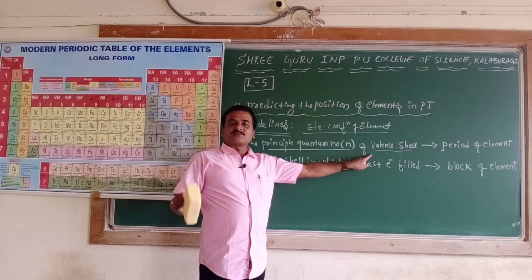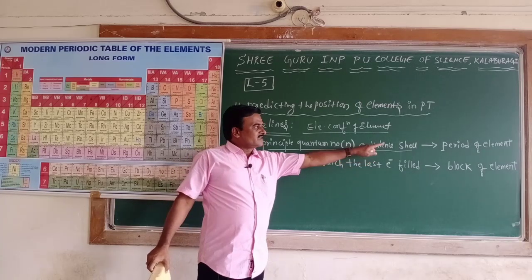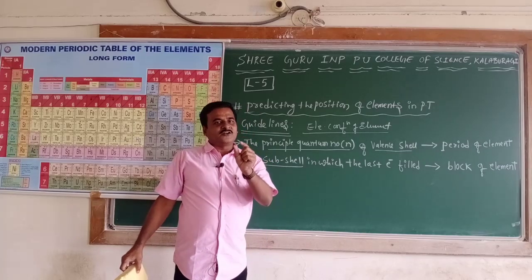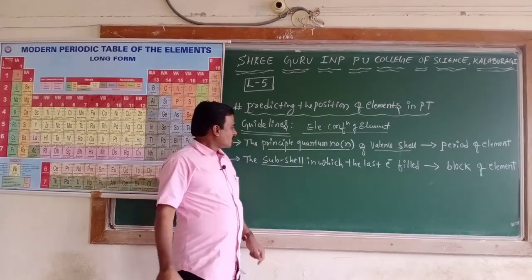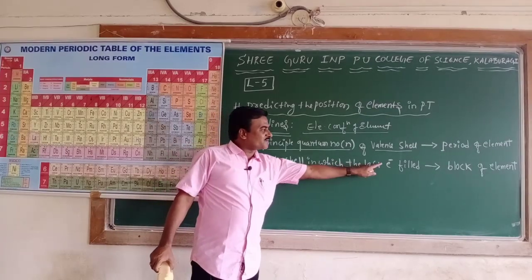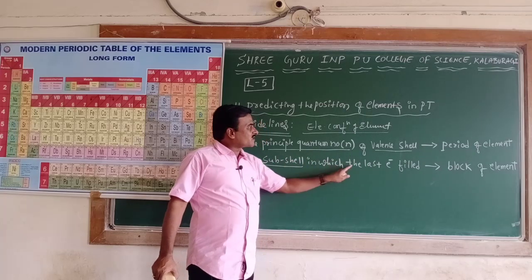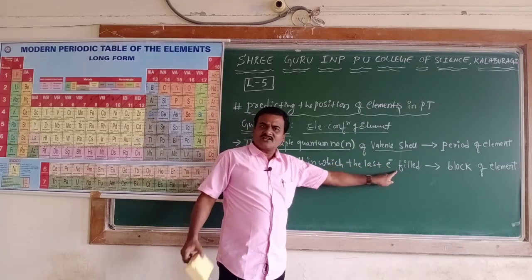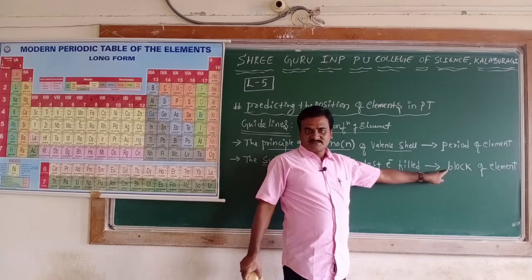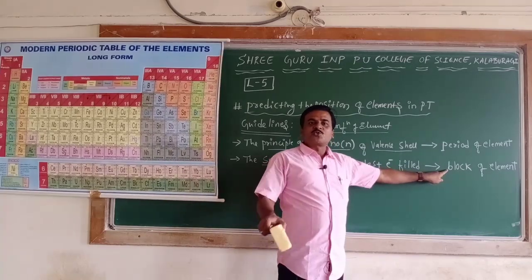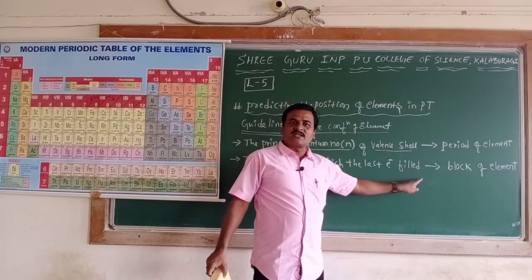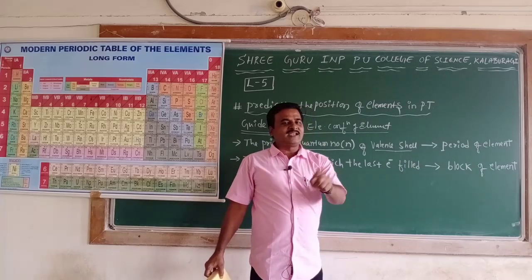The principal quantum number of the valence shell represents the period of an element to which it belongs. Whereas the subshell in which the last electron enters corresponds to the block of that element. As you came to know from the classification of elements, based on the electronic configuration only, they were classified into S, P, D and F.